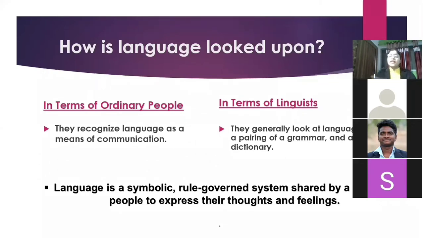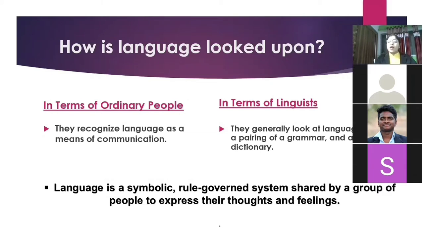So when we define language, language is defined as a symbolic, rule-governed system shared by a group of people to express their thoughts and feelings. And the study of this language is known as linguistics.